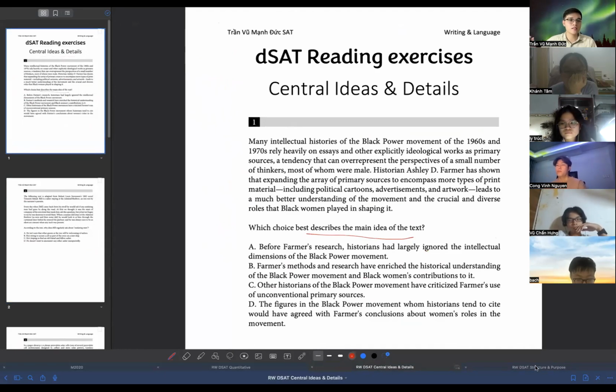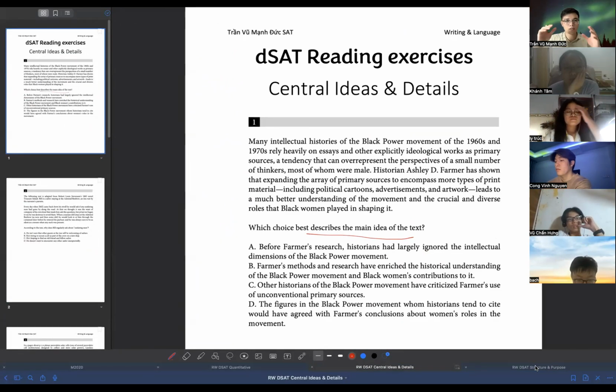I would say this is a subset of the structure and purpose. It is a smaller set of questions than structure and purpose. So it is within the textual category and still smaller than structure and purpose. So this is a very small subset of structure and purpose, and also a subset of the textual.